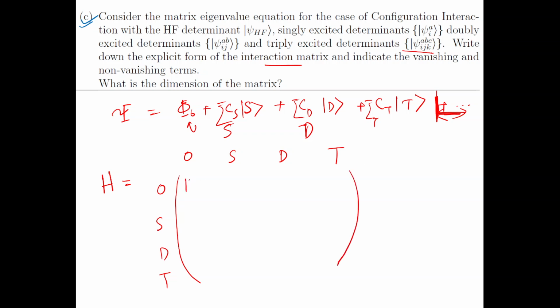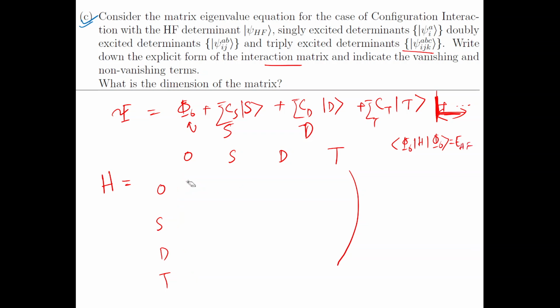This is your H00, that means phi 0 H phi 0. And what was that? That was your E Hartree-Fock, right?